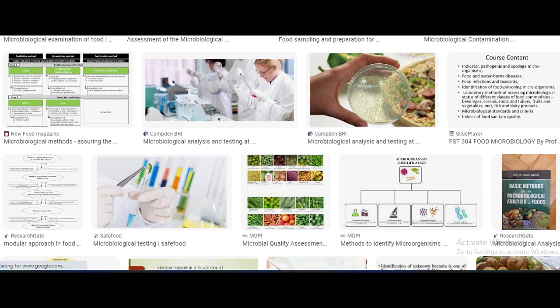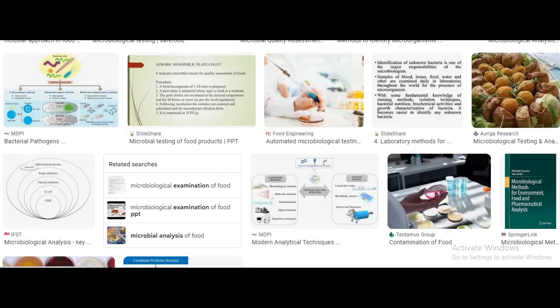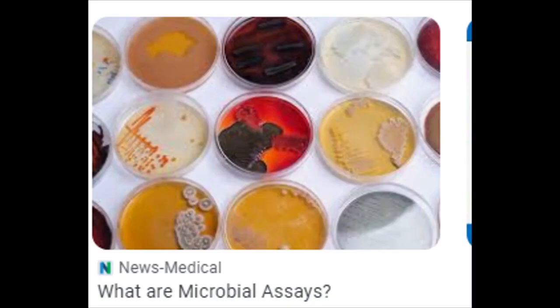Cultural techniques are the next thing you do after the direct examination. You now go on to cultural technique. You don't just say, from direct examination, that it is cholera. It doesn't mean that the smell is what caused the cholera. No, you are just suspecting that it may be possible that this food is contaminated.